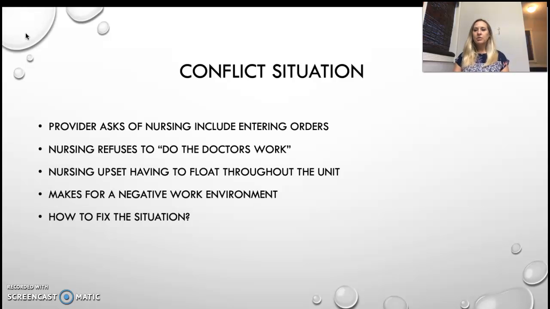They would like us to input pathology and fill out a form for photography, call photography, set up for biopsies, bandage the patient, and take those specimens where they need to be sent off. The nursing staff is pretty upset about having to do the doctor's work, is what they say.